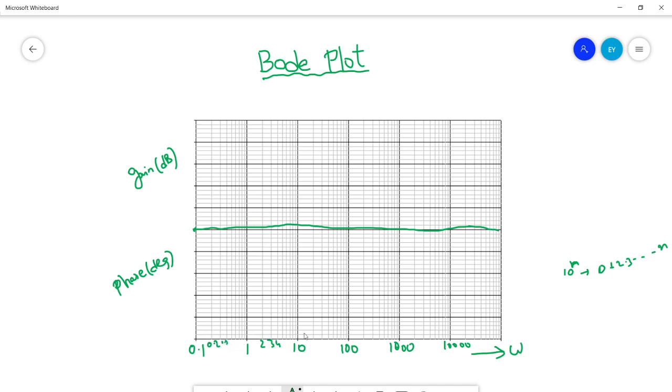As the scale varies in this way, when it comes to the next dark line after 10, it is at 100. So between 10 and 100, the scale will be in units of 10: 10, after that 20, 30 and so on. Then after 100, it will be 200, 300 and so on. This is how the frequency varies.